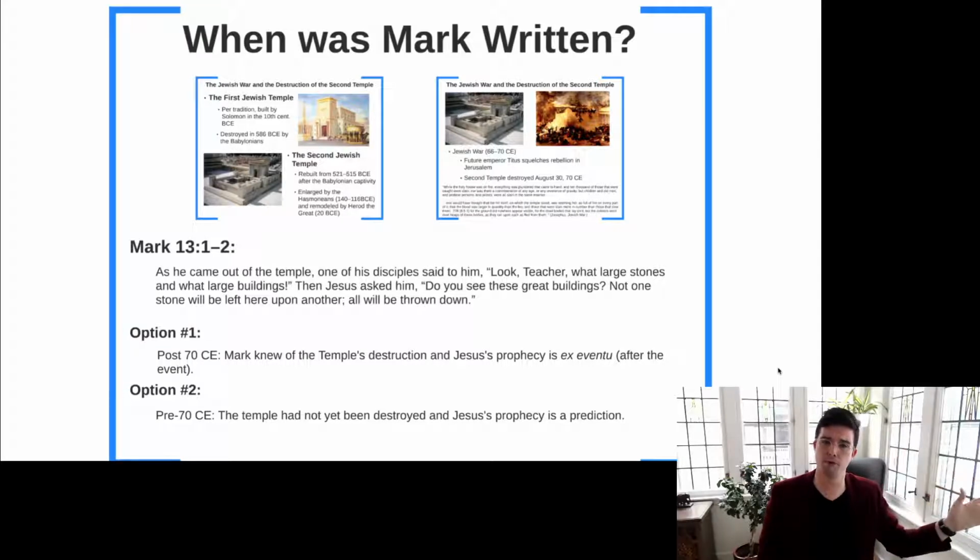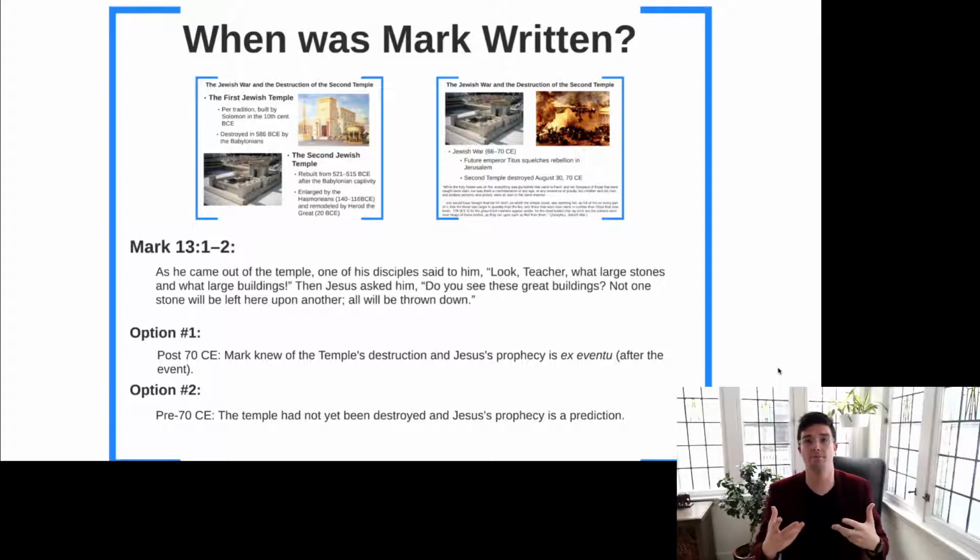But for option number two, it could be the fact that the author of Mark saw the writing on the wall, that they're writing around the time of these popular Jewish uprisings, particularly in the years preceding the destruction of the temple, 66 to 70 CE, where there was a somewhat successful Jewish revolt.